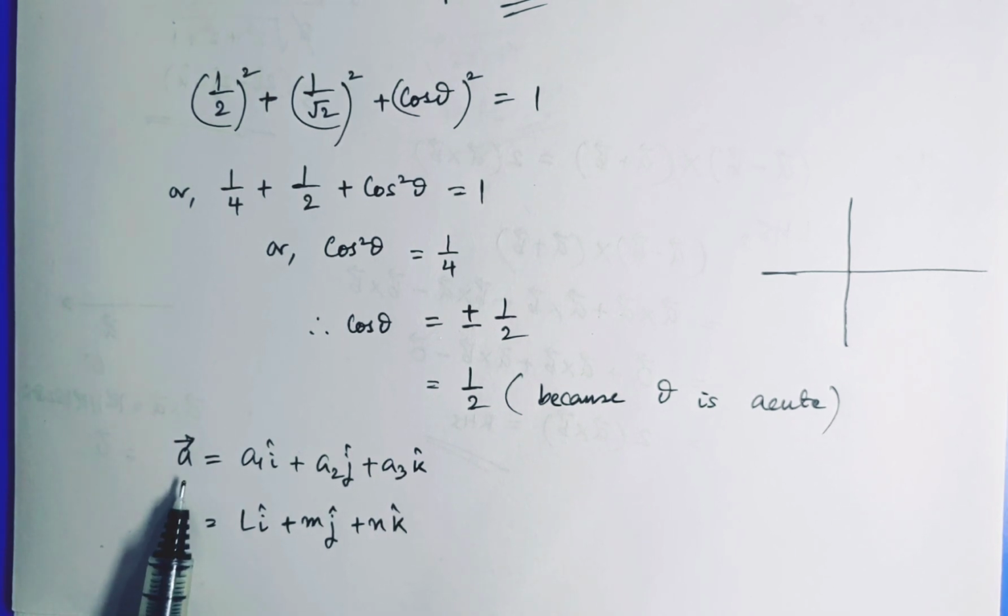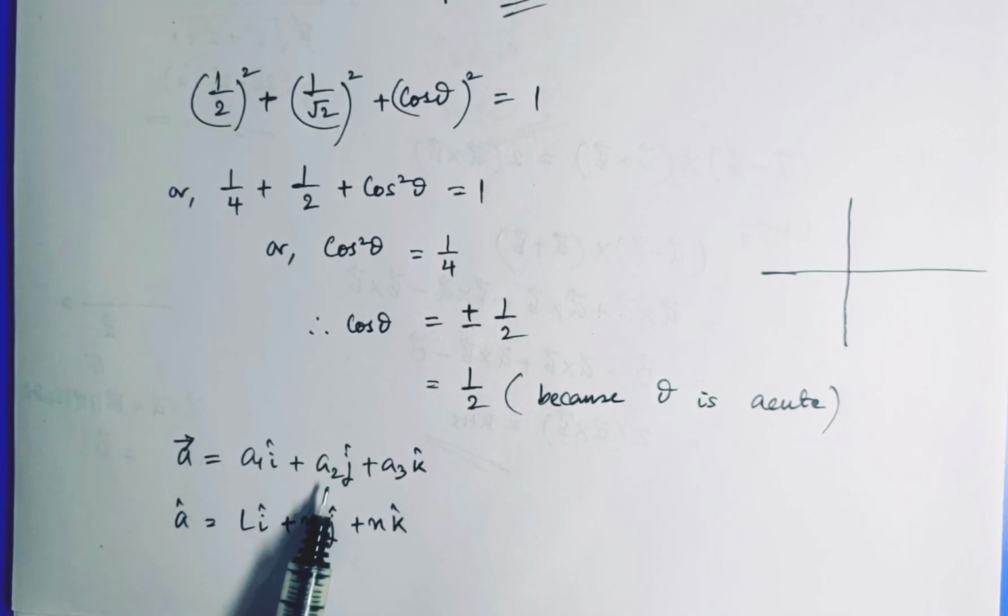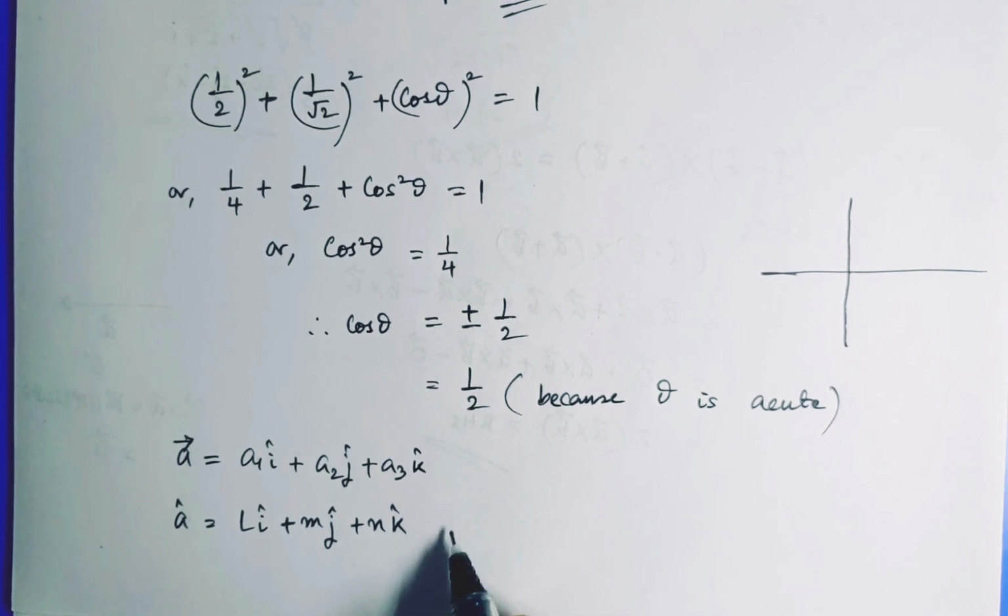If we have a vector, we write direction ratios. If we have a unit vector, we can express it as l i cap plus m j cap plus n k cap, in terms of direction cosines.